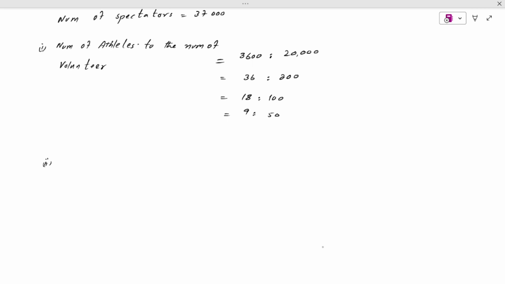Number of media representatives to the number of athletes to the number of spectators.